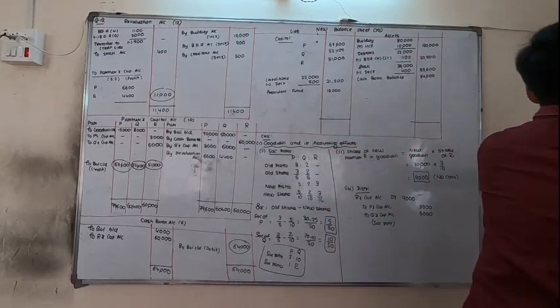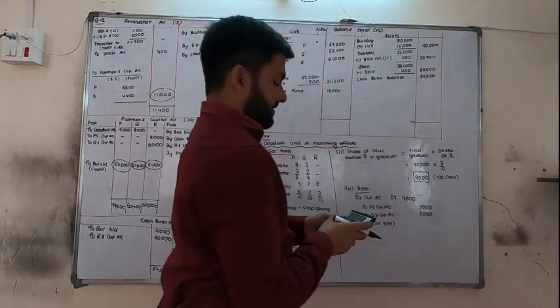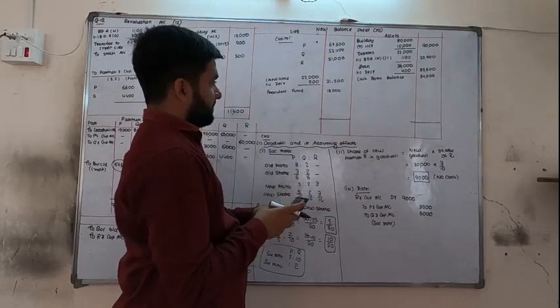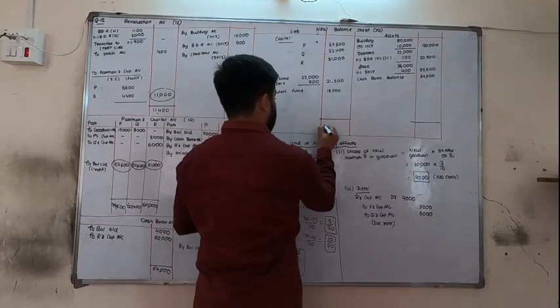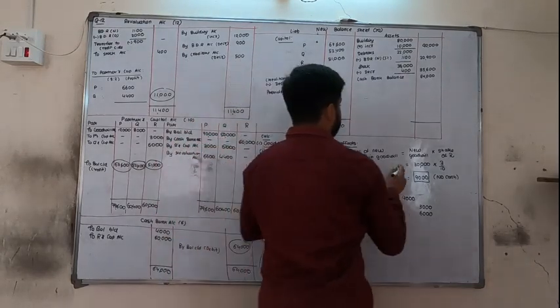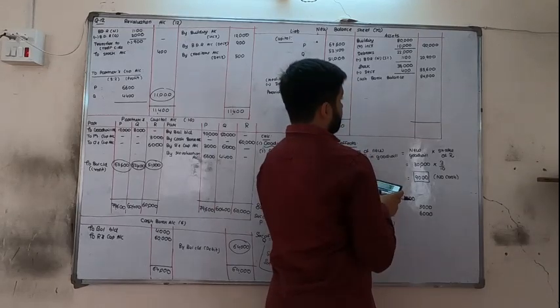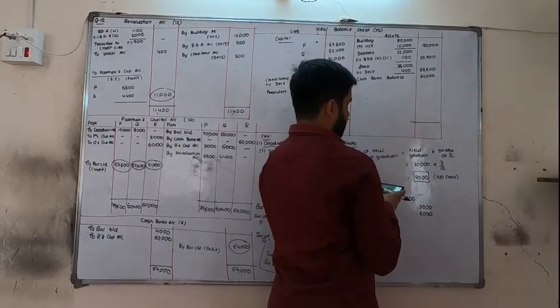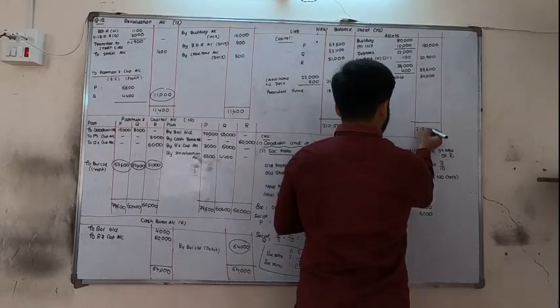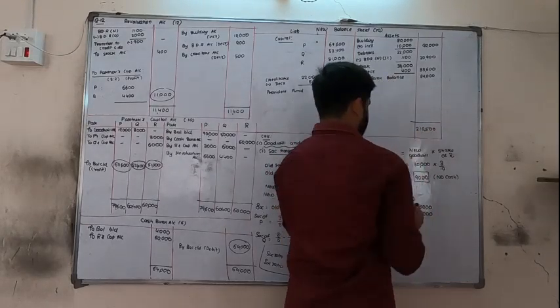Now let's total. 67,600, 52,400, 51,000, 21,500, 18,000. It is 2,10,500. 90,000, 20,900, 35,600 and 64,000 is 2,10,500.